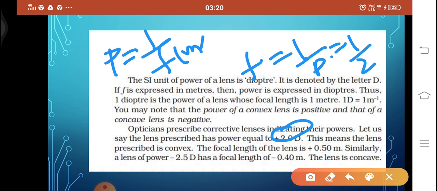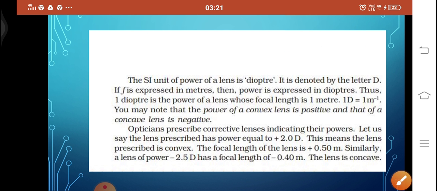So 1 divided by 2, it will be 0.5. Similarly, if the power of lens is minus 2.5, that means it will be a concave lens, and we will write here 1 by minus 2.5, so it will become minus 40 centimeter, and the lens will be concave.